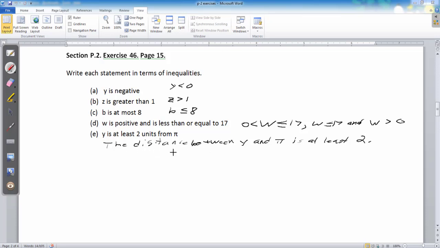Well, we already know how to say the distance between y and pi, if you watched the end of the last video anyway. The distance between y and pi is the absolute value of y minus pi. And then at least 2, well, we talked about something similar to that in C. To be at least something, you have to be greater than or equal to. So the absolute value of y minus pi is greater than or equal to 2. And we're good.